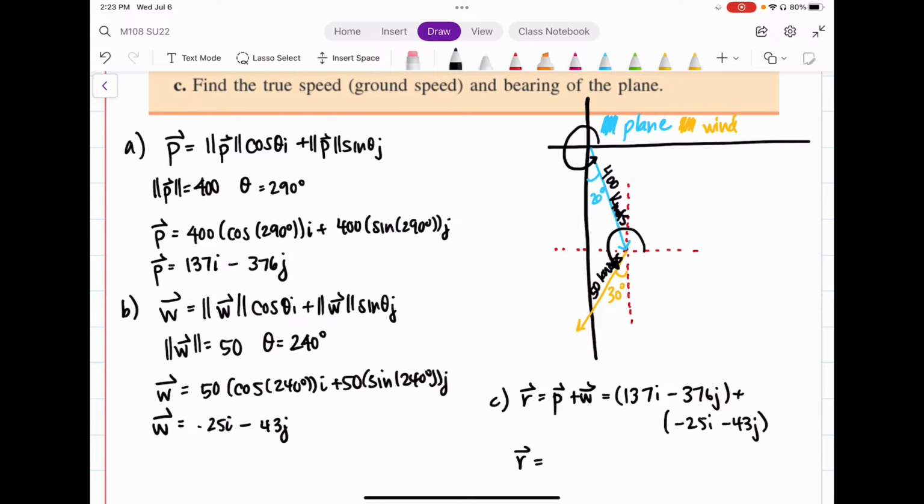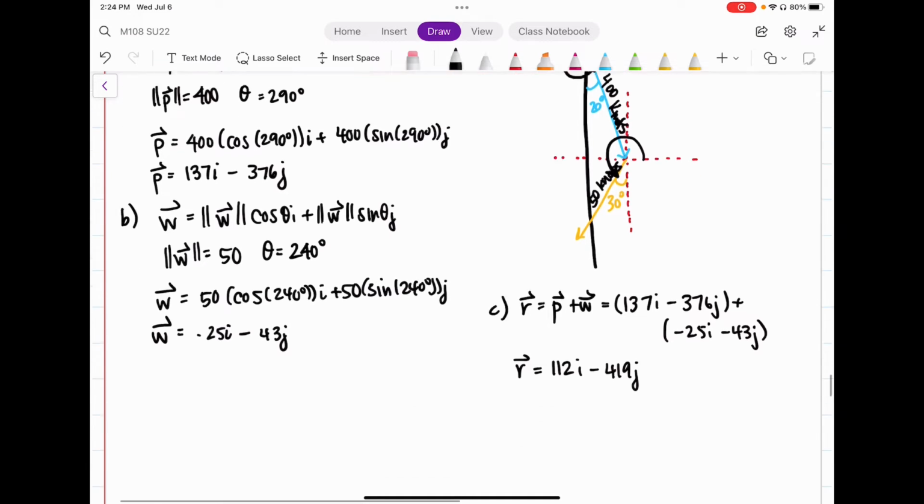The resultant vector is then 137 minus 25, which is 112i, and negative 376j minus 43j is minus 419j. Finding the magnitude, I'm then going to take the square root of 112 squared plus negative 419 squared.